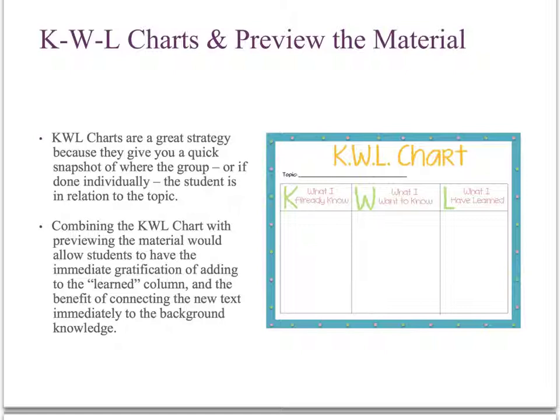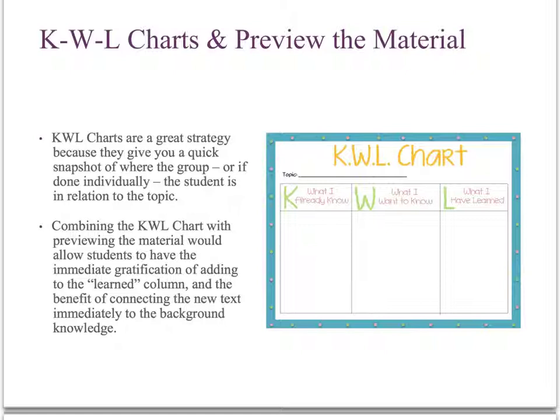Combining the KWL chart with previewing the material would allow students to have the immediate gratification of adding to the learned column and the benefit of connecting the new text immediately to the background knowledge. What I think is really great about this combination is that you could use it at a variety of grade levels.